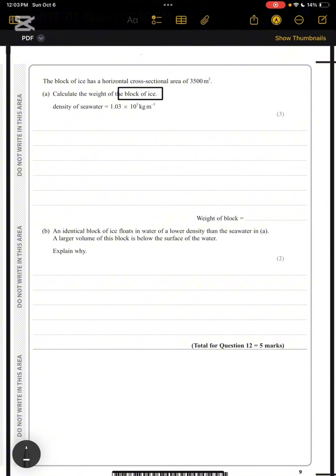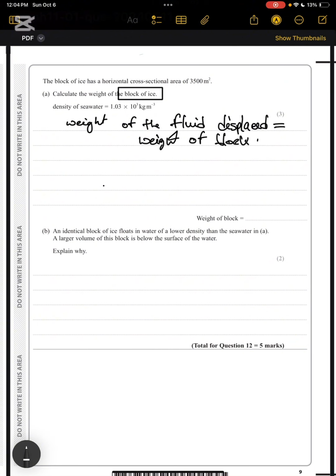We all know the weight of the fluid displaced is equal to the weight of the block of ice.